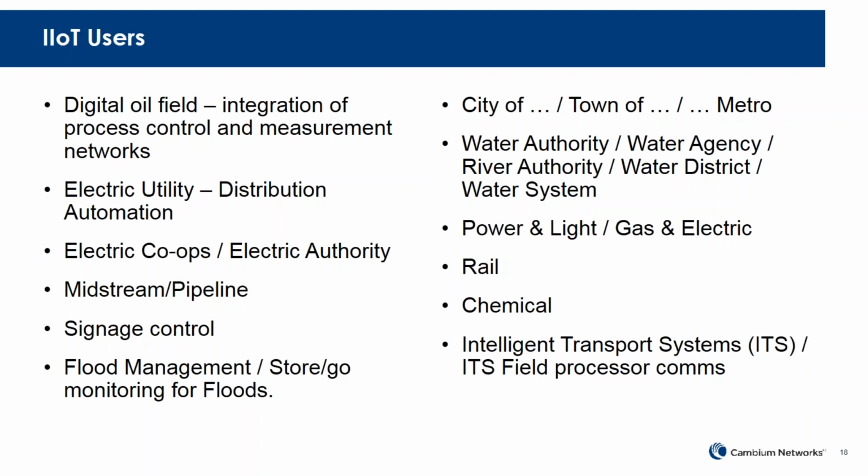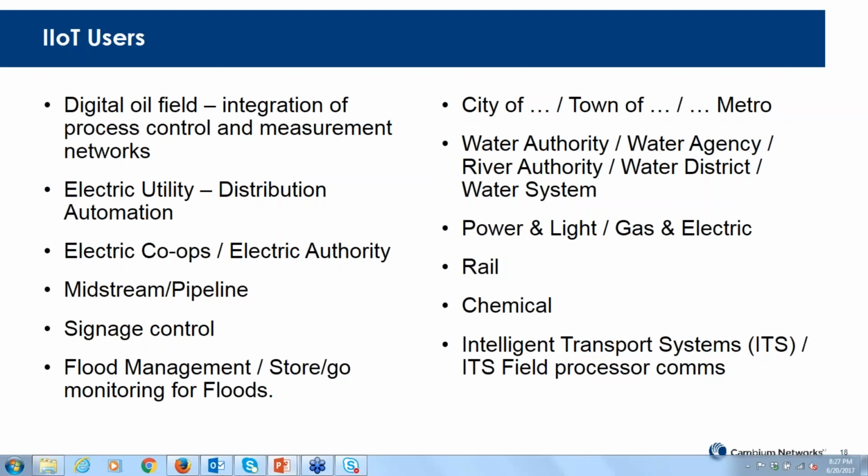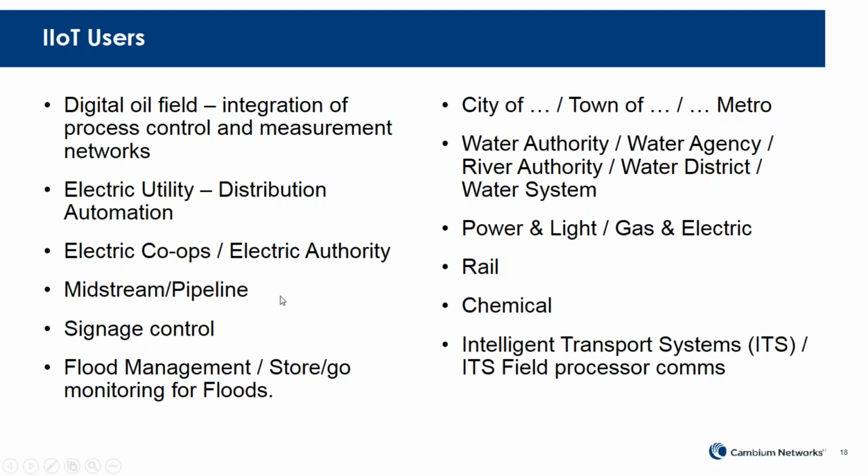Signage control is another one. If you're in a remote area where I want to do traffic signage or advertising signage, and it doesn't have reliable 3G or 4G connection, then you could use an IIoT system to send messages out to a sign, which would say you need to take a precaution. Maybe there's a bridge out or something and you want to push the signage control out there.